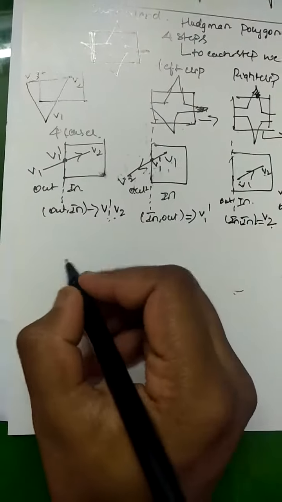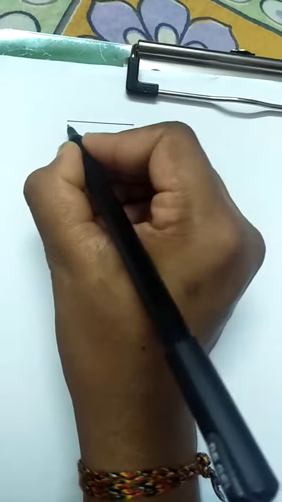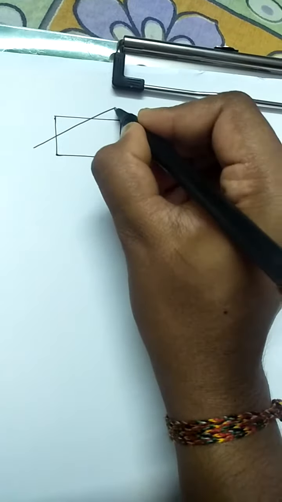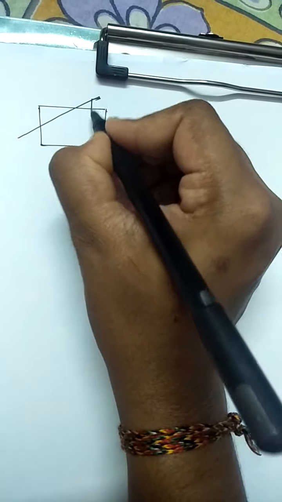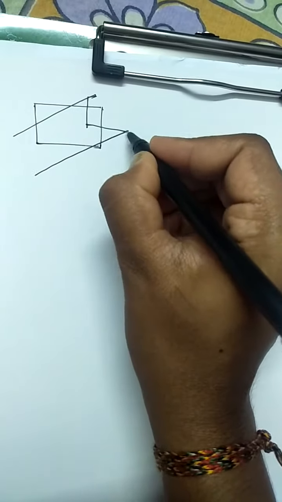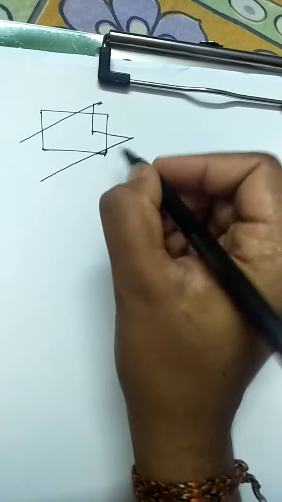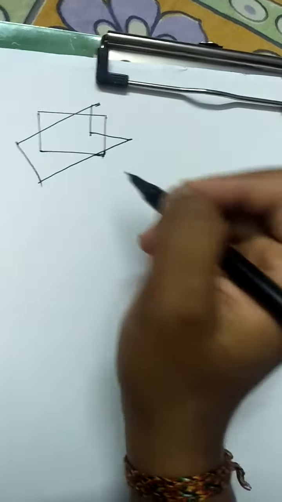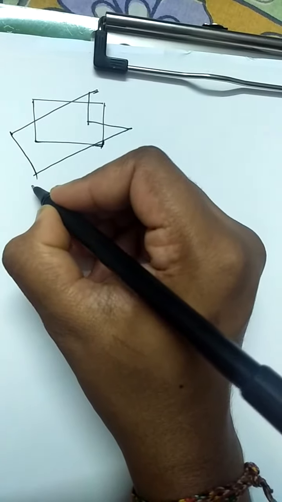So let's take a new sheet and take an example of something like this. Consider this as an example. Let me redraw it neatly.